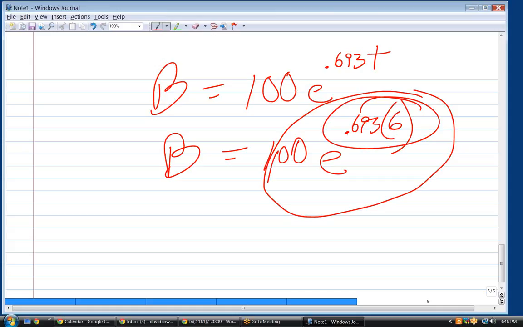So it's 100 times e to the 4th power, which is like 60, so it would be like 6,000. So it goes from 100 bacteria to 6,000 bacteria in 6 hours. That's why infections are so bad.